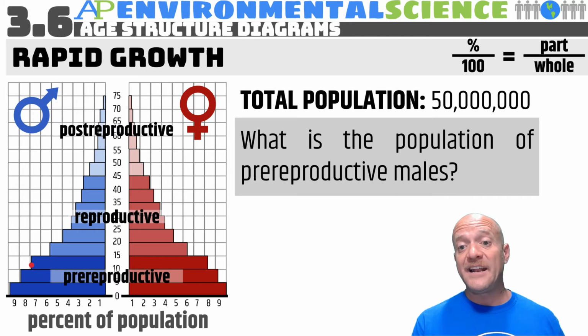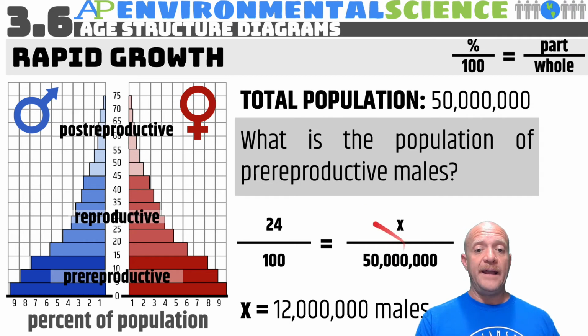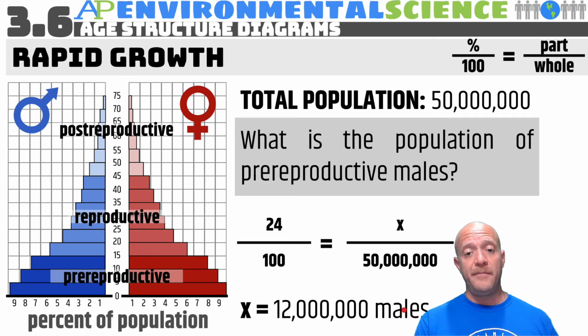So I'm going to set up my proportion right now. 9 plus 8 plus 7 over 100 equals x over 50 million. When I add those numbers up, I get 24 over 100 equals x over 50 million. When I solve for x, the answer is 12 million males. Do the math on your calculator. You'll see it right there.